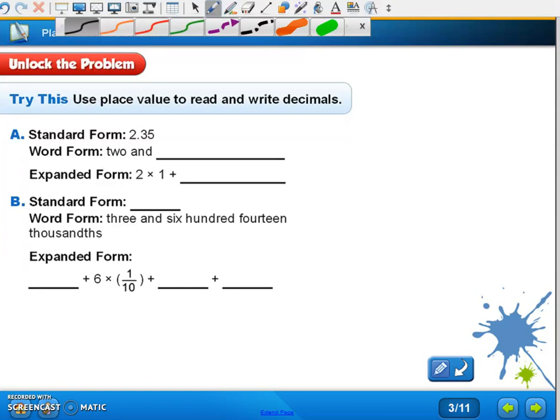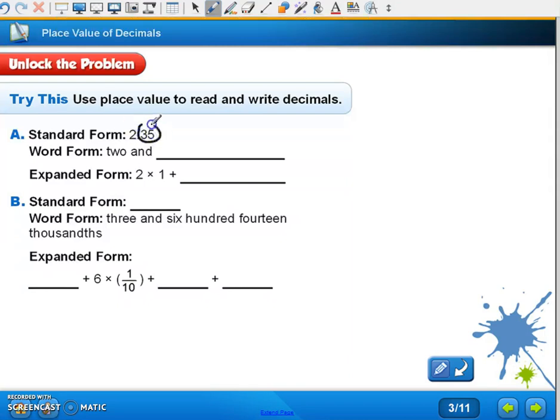So, and what are we going to start with? 2 and, what's this number? 35. Don't forget your hyphen between your 30 and your 5. And what are we going to put at the end of that? Hundredths. Very good.